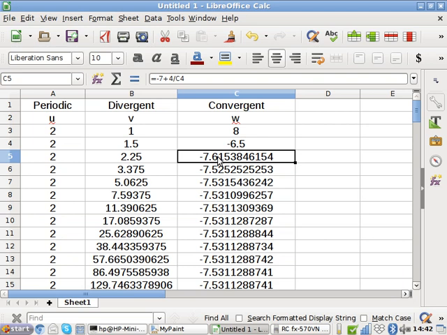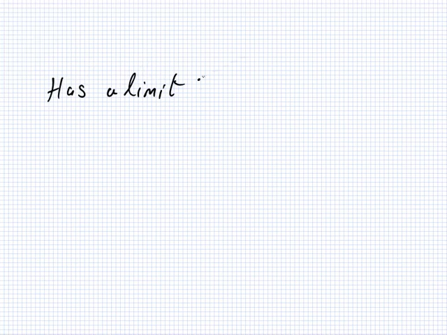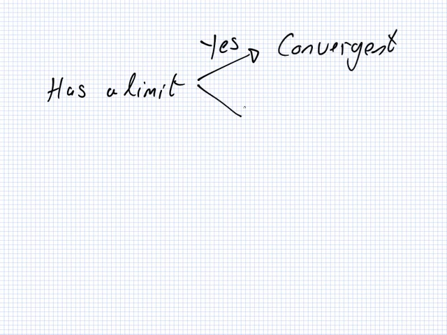Now, just to be a bit technical here, if it has a limit, then we say it's convergent. If it has no limit, then we say it's divergent.